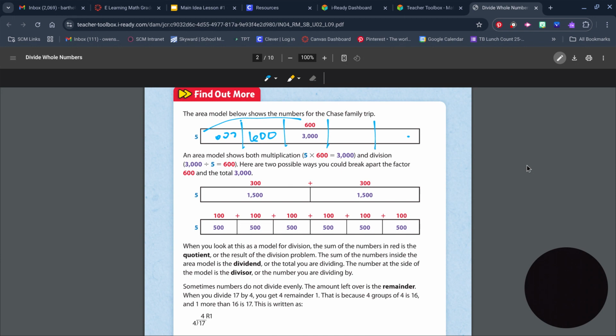So here are two possible ways you could break apart the factor 600 and 3,000. Remember, factors are the two numbers that you're multiplying. So they're saying, wait a minute, 600 miles a day, that could be 300 plus 300.